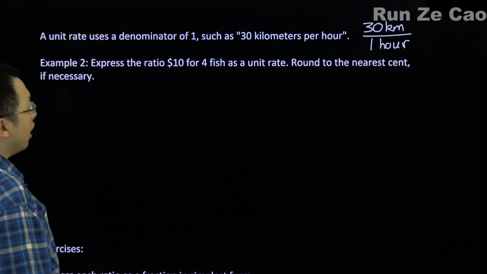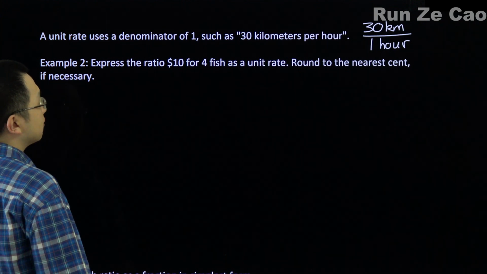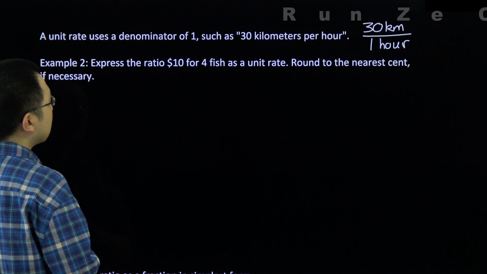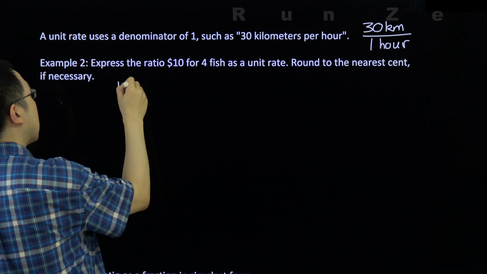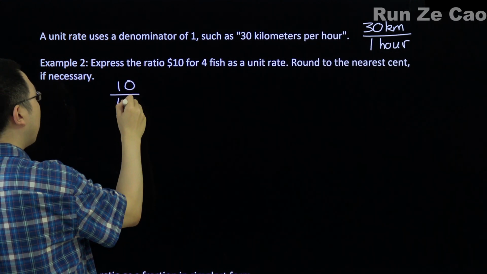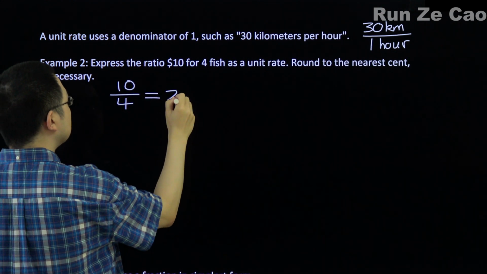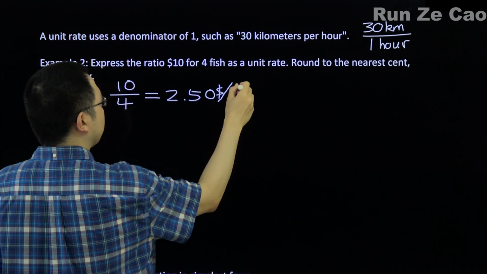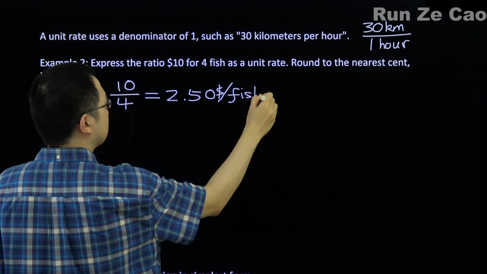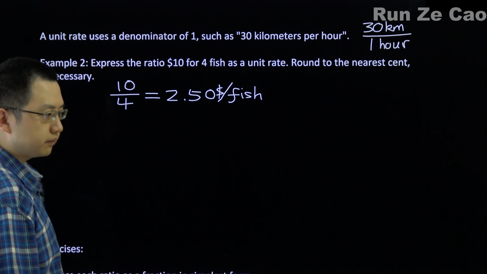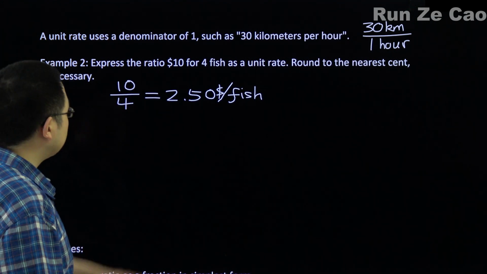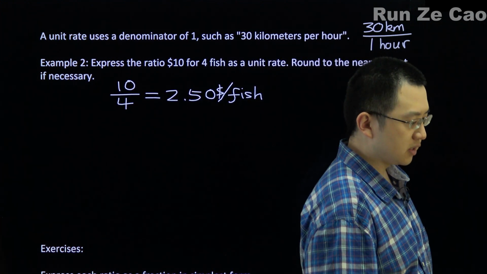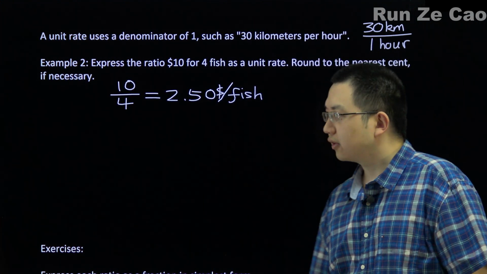Express the ratio of $10 for 4 fish as a unit rate. Round to the nearest cent if necessary. Well, in this case, it's not, because 10/4 is equal to $2.50 per fish, depending on convention and how uptight your teachers are about it.